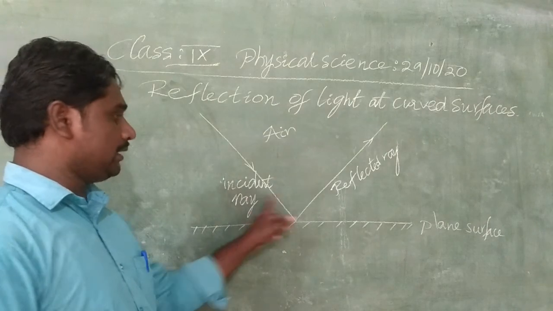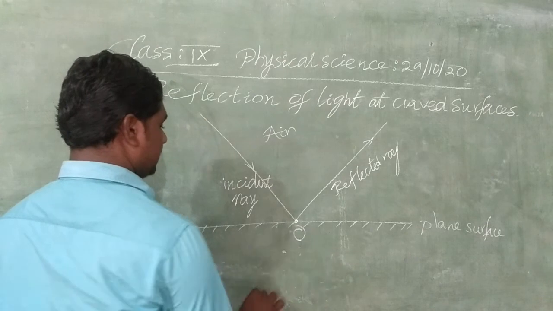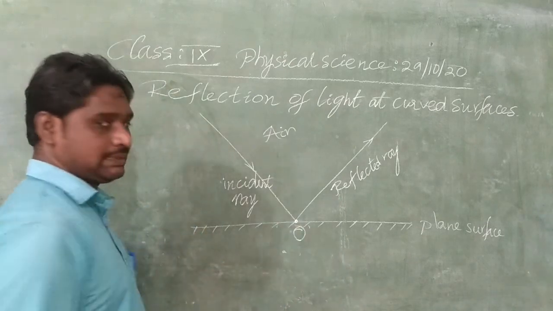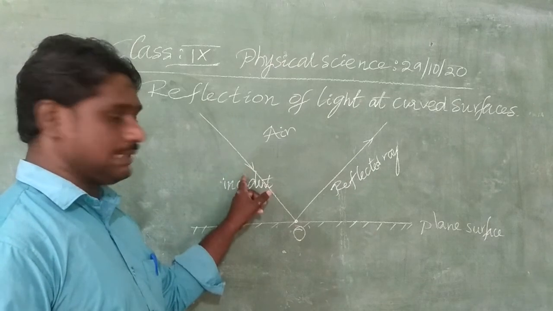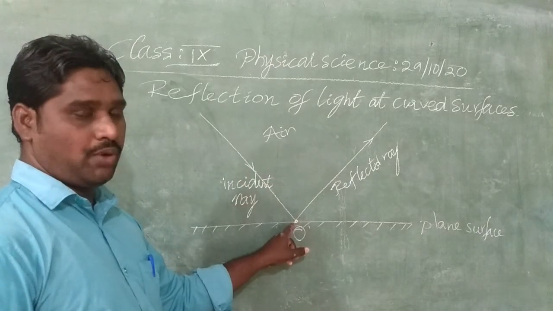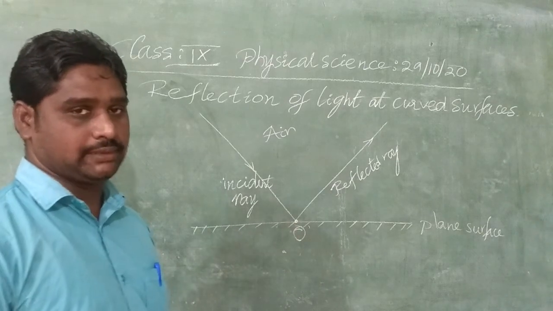This is the incident ray, this is the reflected ray, and this is the point of incidence O. So this light ray is incident on the plane surface at the point O. This O is called the point of incidence.